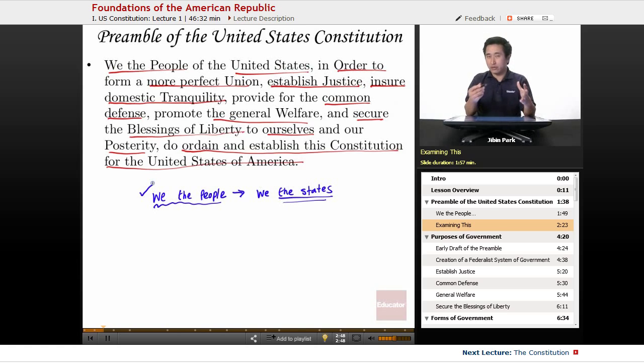Now, there's an aspect of that, but it is kind of interesting that the founders decided to stick with we the people of the United States of America. And again, the whole idea of a more perfect union, acknowledging that maybe they weren't there, but the whole goal is to create this perfect union.